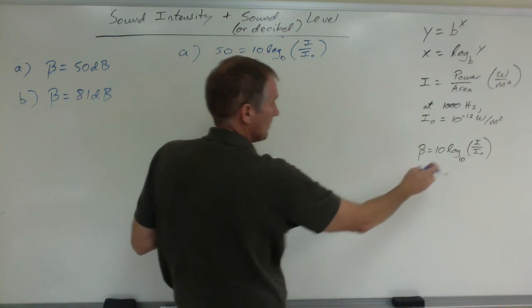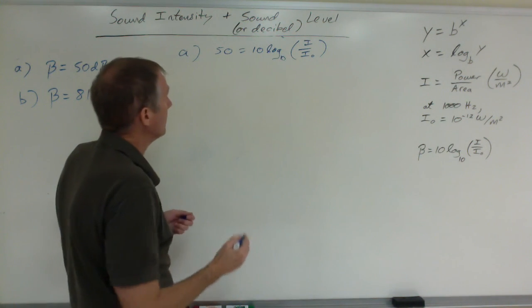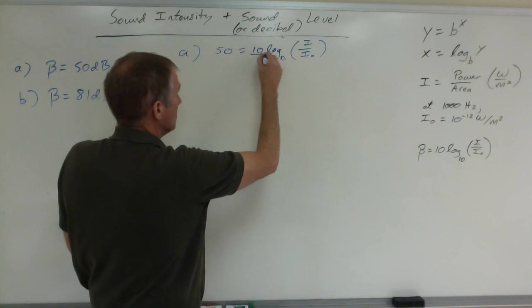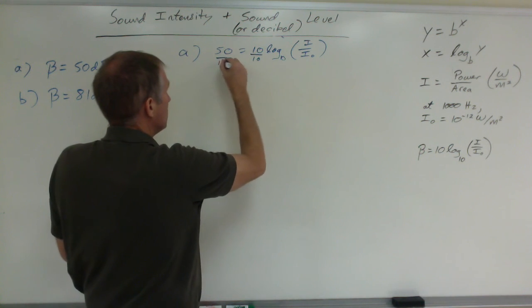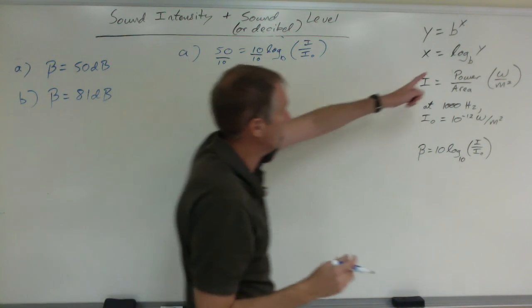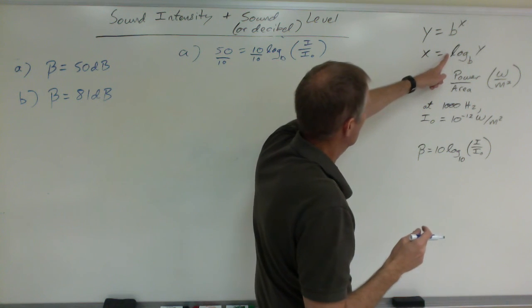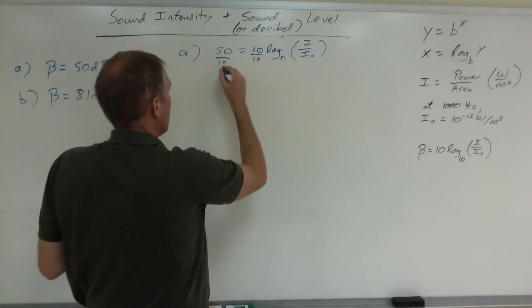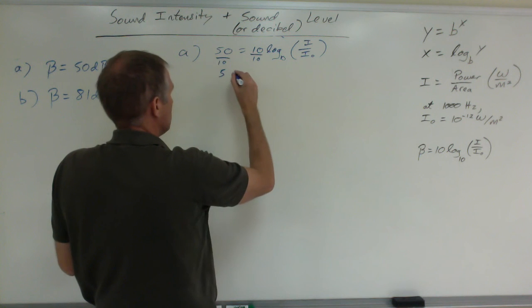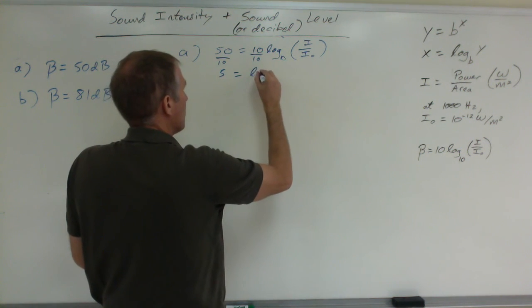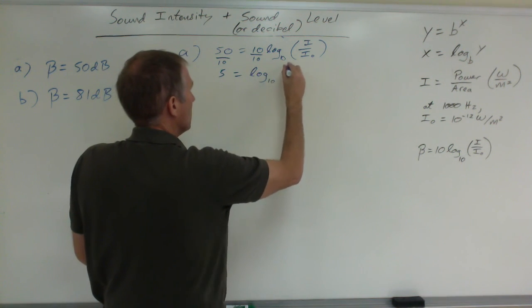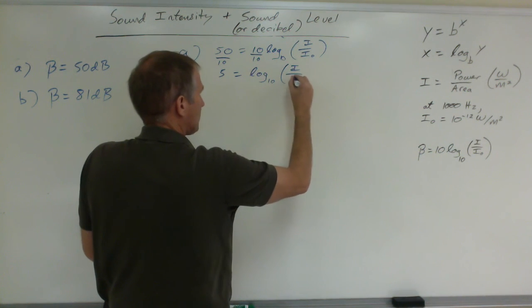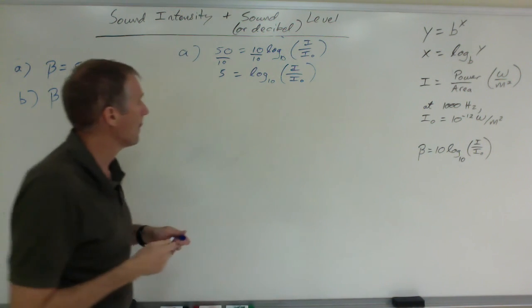I sub 0 is going to be 10 to the negative 12. First thing you need to do is divide this 10 over here, because this equation doesn't have a 10 in front of it. So 50 over 10 is 5. That becomes log to the base 10 of I over I sub 0.